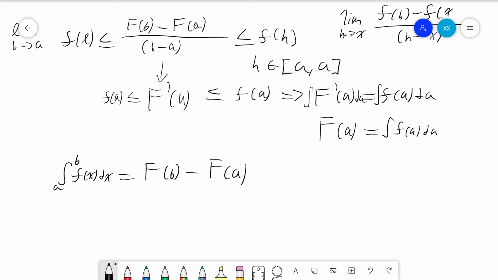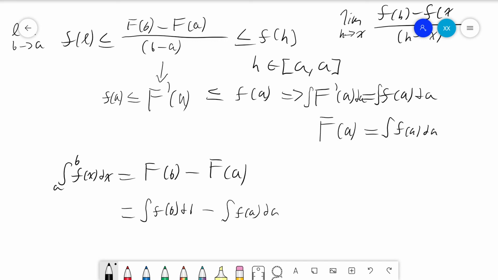And substituting in what we know here, big F of B will come out to the antiderivative of little f of B dB, and then big F of A will evaluate to the antiderivative of little f of A dA. And I'm just swapping out the variables because the actual variable here doesn't matter. This thing up here could be big F of x equals the antiderivative of little f of x dx.